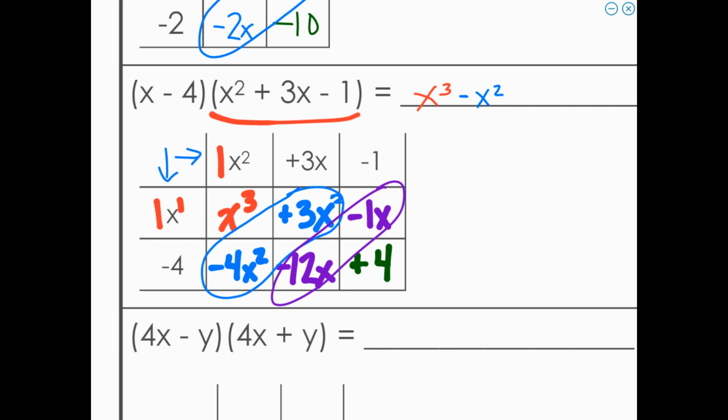Then I've got negative 12x and negative 1x, which is what? Negative 13x, and then plus 4 because there's nothing to add to it, correct?